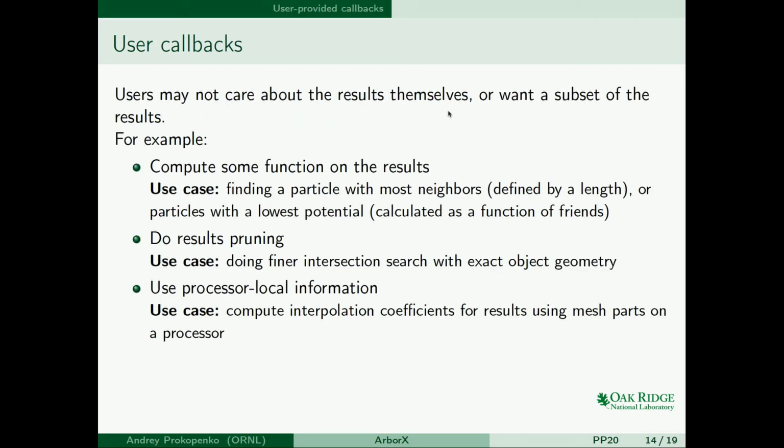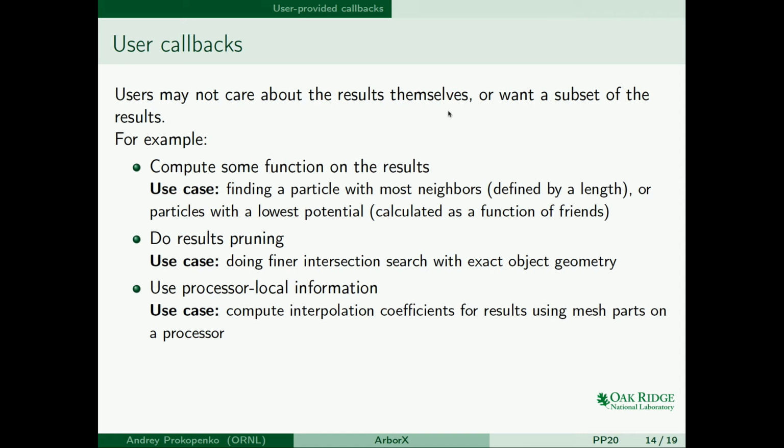The part that I'm really excited about, and which was just recently introduced in this work, was user-provided callbacks. Imagine a situation where you have a mesh which is partitioned among all the processors. That mesh is a pretty heavy object. And typically, when you do a search, you may not want just the results. You may want some function of the results.